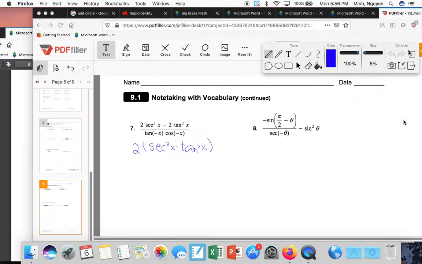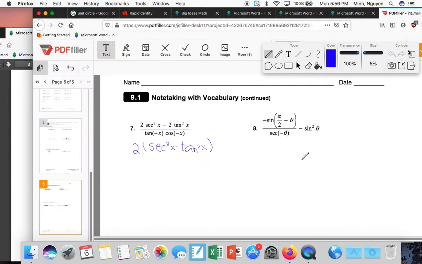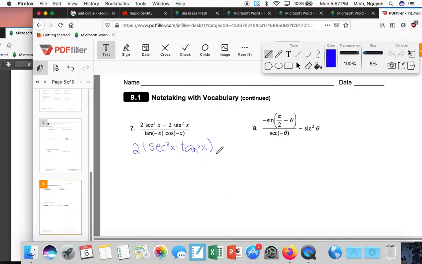They don't look exactly alike because this one says secant squared x minus tan squared x. So what can I do? I can subtract tan squared theta on both sides, or in this case, tan squared x. And if I do that, then on the left side of the equation, it's just 1. So really, 1 is equal to secant squared theta minus tan squared theta, so I can replace this with a 1. So 2 times 1 is just 2.